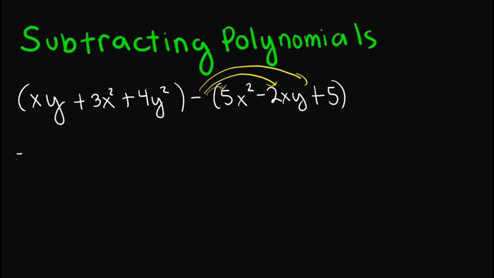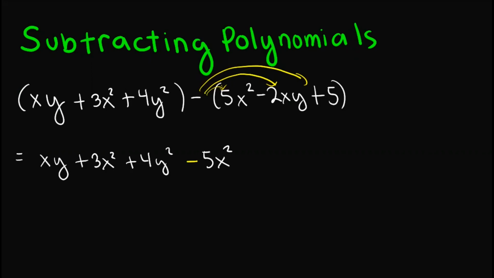So this one is equal to xy plus 3x squared plus 4y squared, since I just bring down the terms in the polynomial above, then we have minus 5x squared.